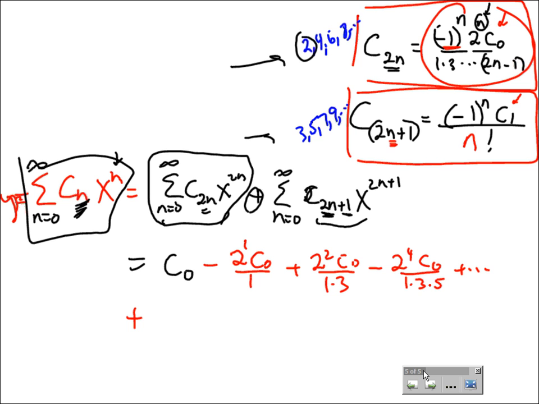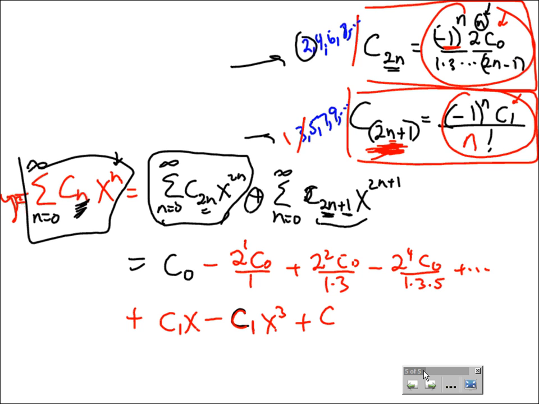Plus, now we do this term. So we have 1 is not part of this rule, but we're still going to have c1 x to the 1 minus, now n is 1, that'll give us c sub 3, minus c1 over 1 factorial, which is just c1 x to the 3.